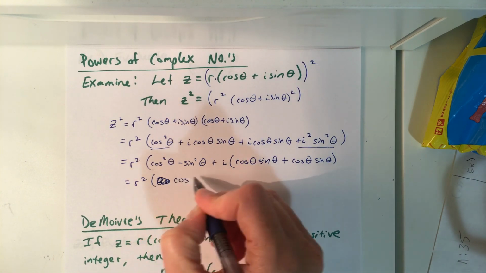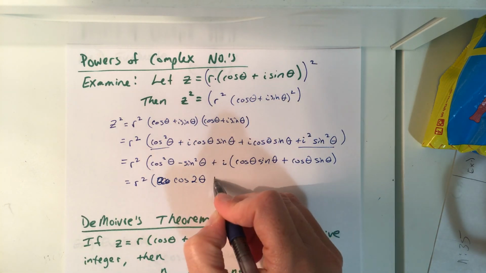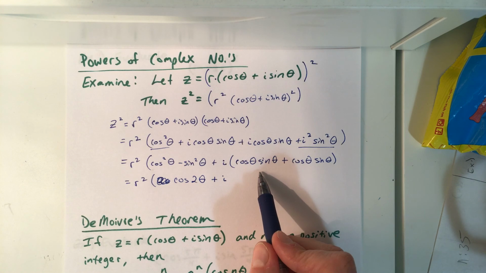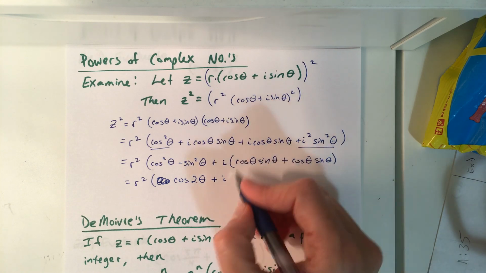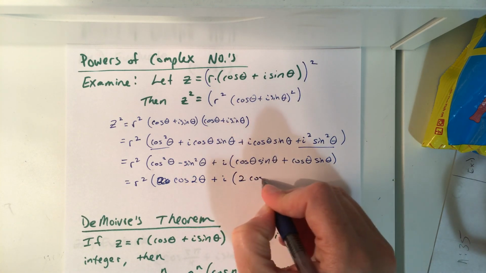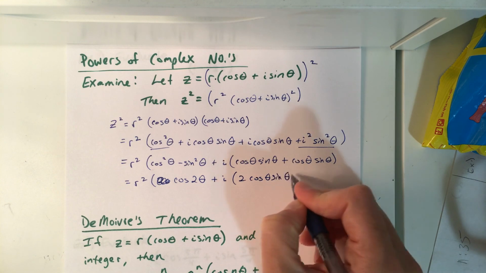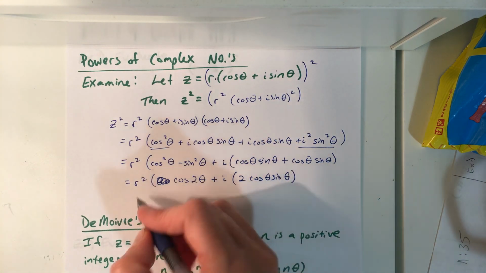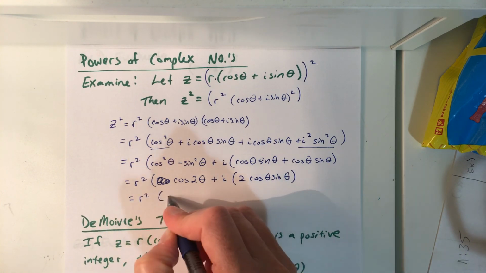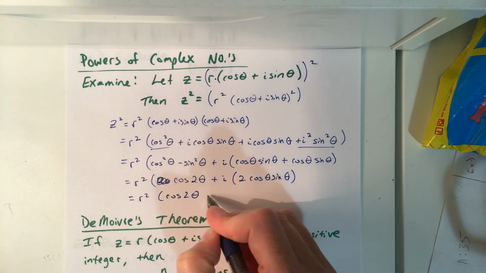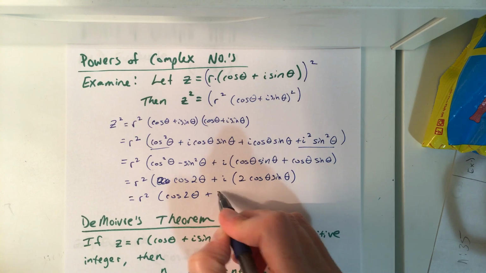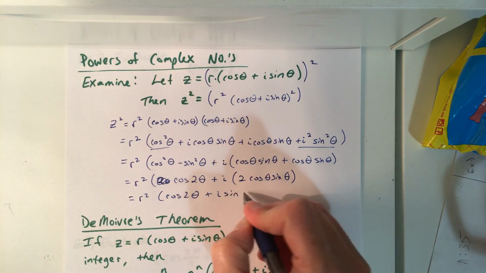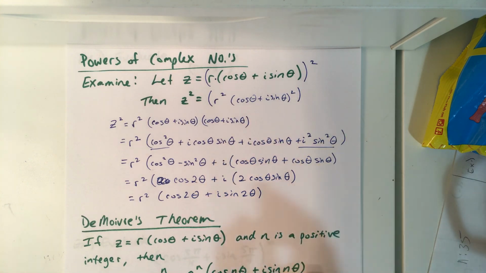This is the cosine of 2 theta. And cosine of theta times sine theta plus cosine sine, again, we can write that as 2 cosine theta sine theta. And you should recognize this as a double angle formula for sine. So 2 cosine theta sine theta is the same as sine of 2 theta.